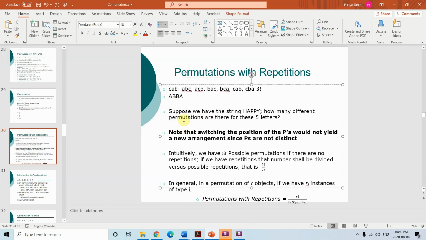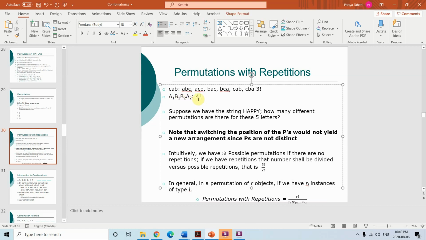If these A's were different, if I called this one A1 and this one A2, and the same thing for B1 and B2, then we would have 4 factorial different permutations. But these ones are actually the same, right? The A's are the same, the B's are the same.